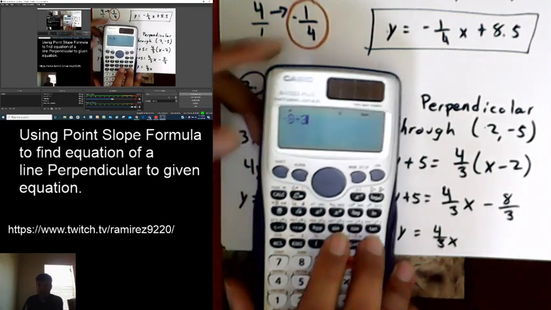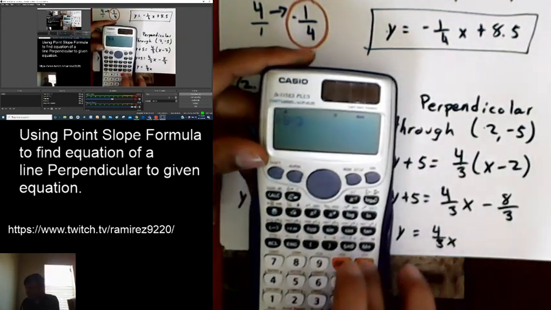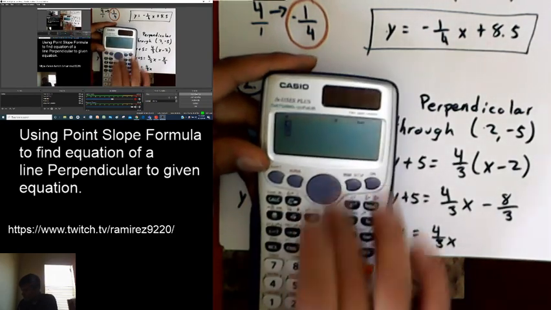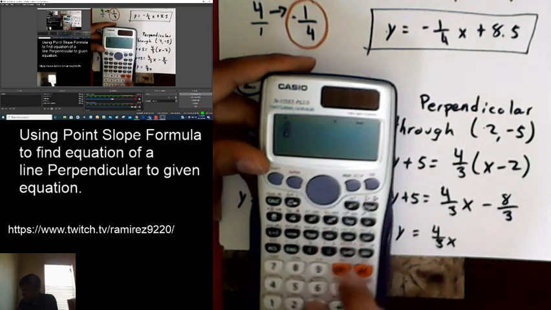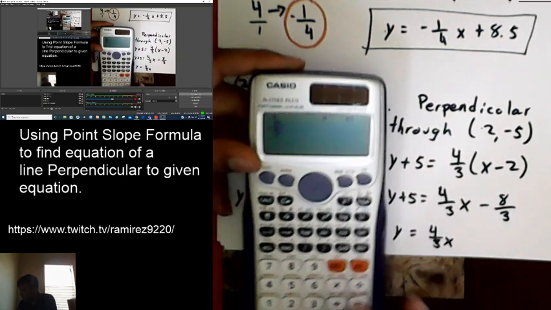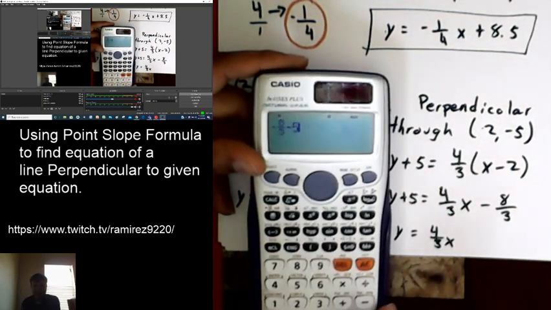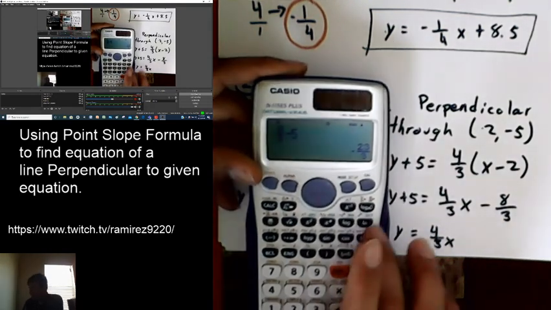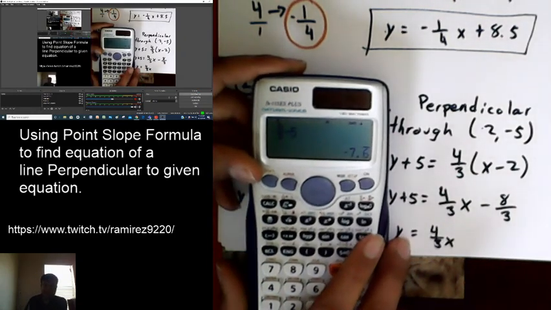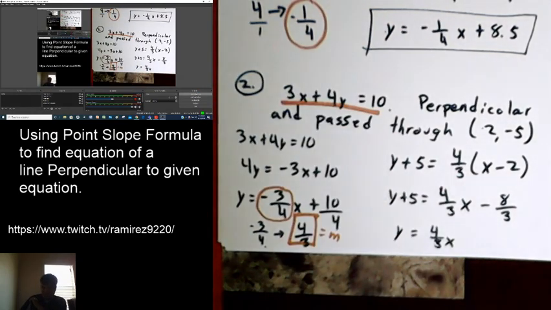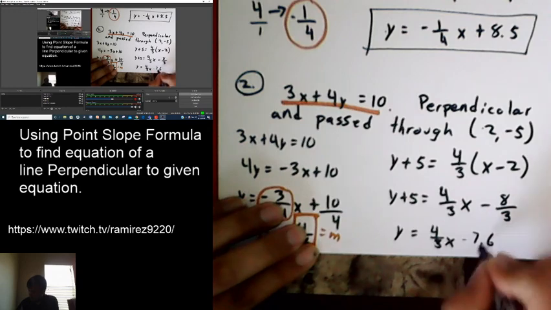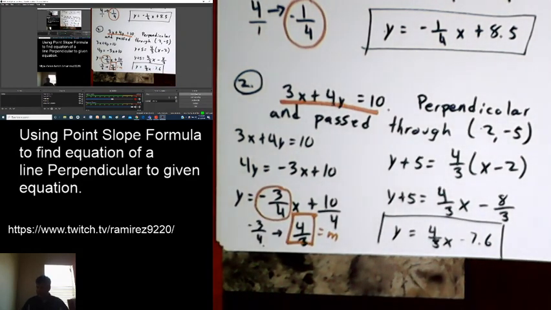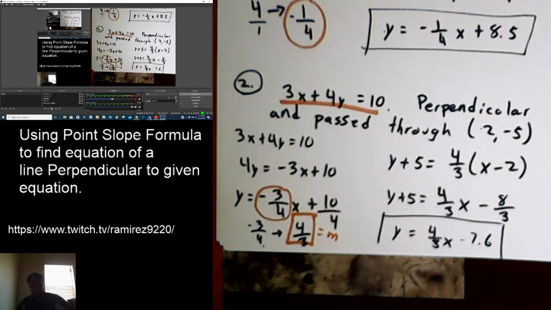I know you can barely see that. And you are subtracting it from y. So it's 23 over 3, but negative, right? And again, if you want it in decimal, it's negative 7.6. And that's it, guys. Okay, that's how you do the perpendicular ones, all right?